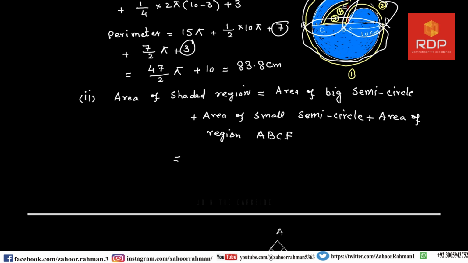The first one is, because it is not a full circle, half, so we are writing 1/2 into pi and radius in this case is 10 square, plus the small semicircle is 1/2 into pi into 5 square.